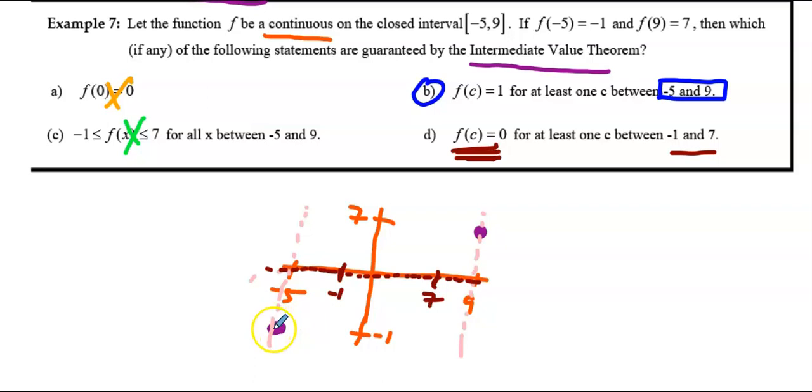Let's do it like this. And this is IVT. I don't have to have a 0 in between the interval from negative 1 and 7. So this one is also not true. This goes back up to B: if I had changed this example and made this negative 5 and 9, this one would be true. So we always want an answer that's restricted to negative 5 and 9.